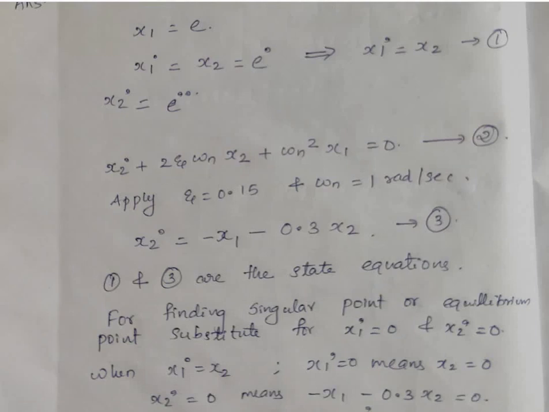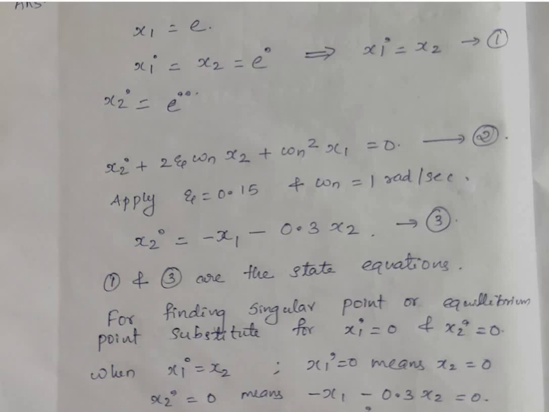Now x2 dot is equal to, what will be x2 dot? x2 dot is equal to E double dot. Now apply x1 dot and x2 dot and x1 x2 in the given equation of the question. So our equation will be changed like this: x2 dot plus 2 theta omega n x2 plus omega n square x1 is equal to 0.